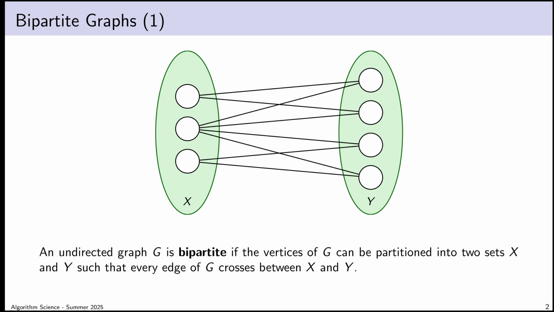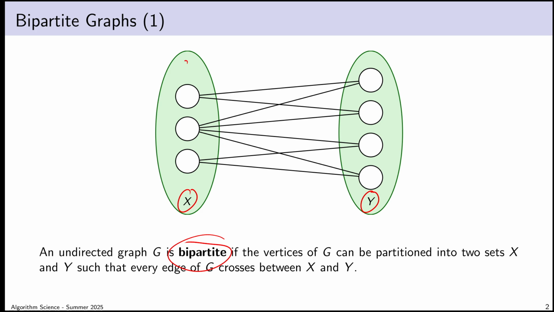If you have an undirected graph, we say that it is bipartite if you can find some way of dividing all of the vertices of the graph up between two sets, we'll call one of them X and one of them Y, such that every edge of the graph passes between those two sets.